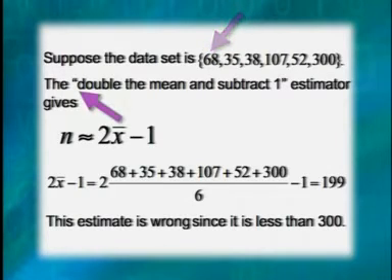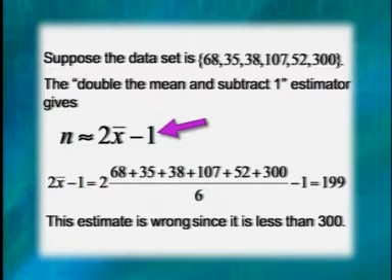Then if we apply the estimator method of doubling the mean and subtracting 1, look what happens. We get 2 times the mean of all these numbers, which is adding them up and dividing by 6, minus 1, is 199. Well, that's clearly wrong because, once again, 199 is less than the biggest tank number that we actually captured. So there's a flaw to our method.